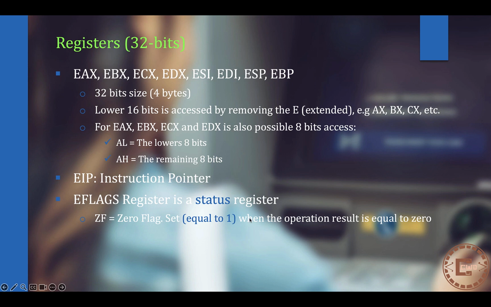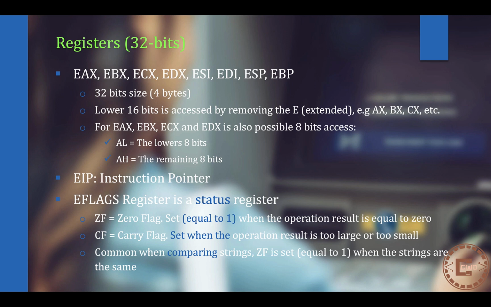With that information, the CPU can say, hey, you did a comparison, so tell me what is the value of the zero flag. If the zero flag is 1, that might mean the two operands had the same value. Let's see that example in a second. You have another flag, which is called the carry flag. This is set when the operation result is too large or too small, for multiplication, for example.